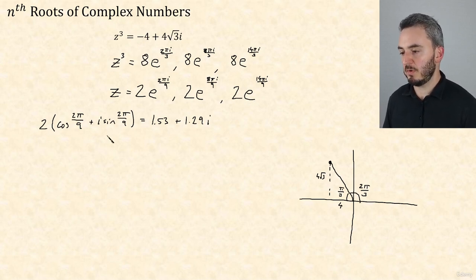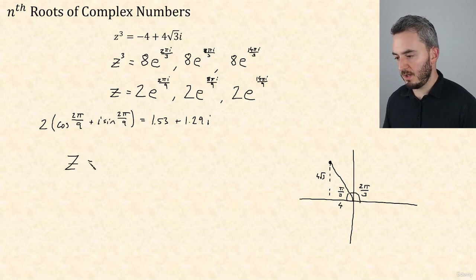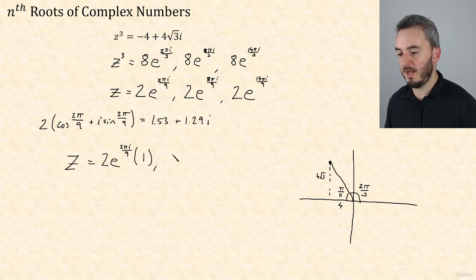But look what happens if I factorize out 2e to the 2 pi i over 9. If I factorize out 2e to the 2 pi i over 9 from the first one, I obviously just get 1. No big deal there.